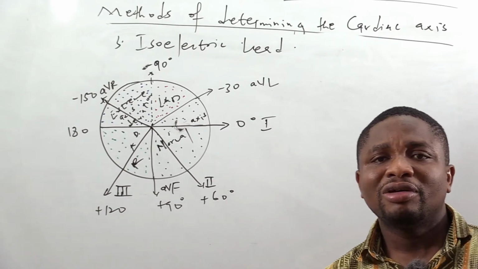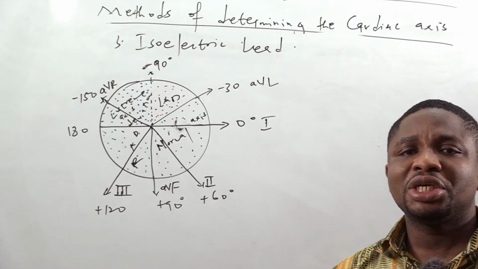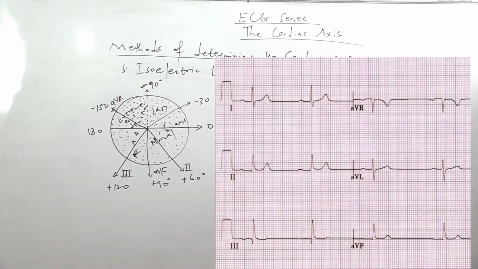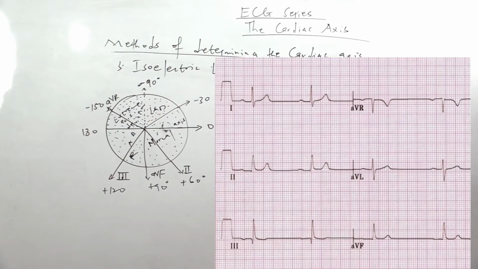Alright. So now let's have a look at this ECG graph. Looking at the ECG graph, you will notice that you have the isoelectric lead being what? The lead aVL. Why am I saying that? If you look at aVL, you realize that the amplitude of the R wave and the S wave are the same, so they cancel out.